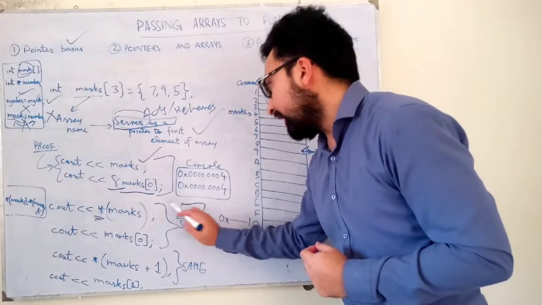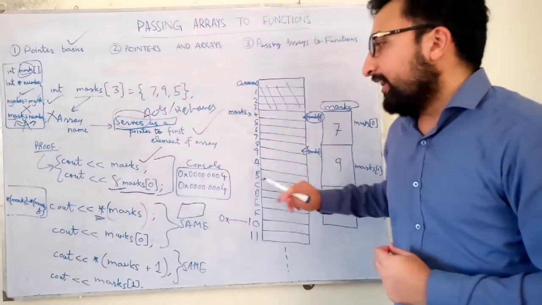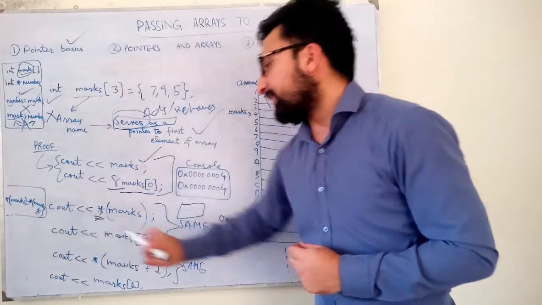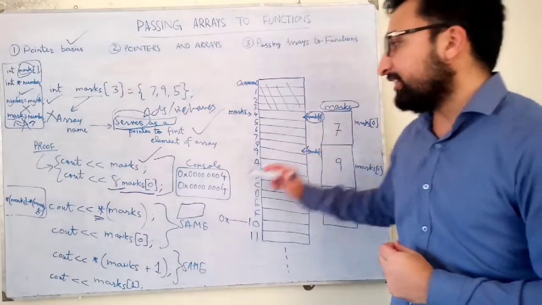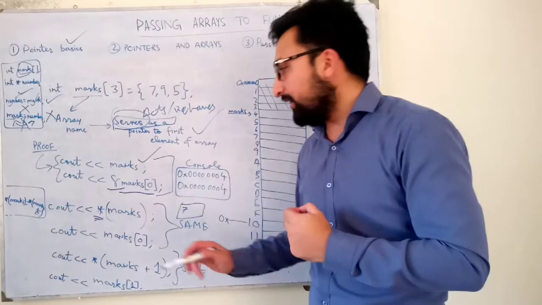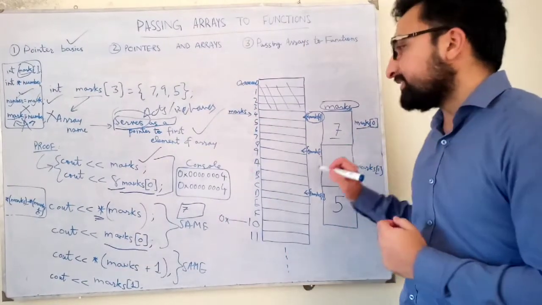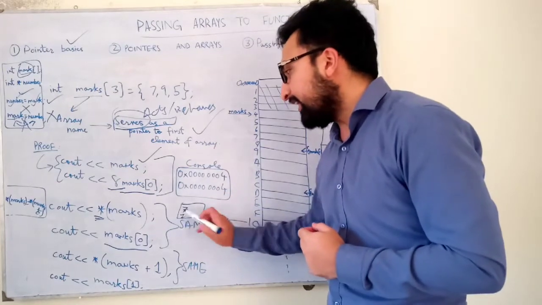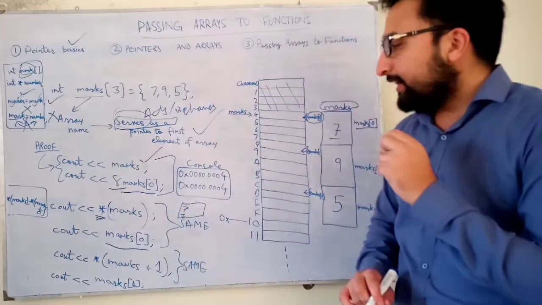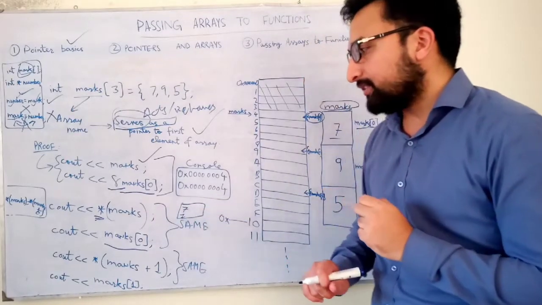Marks is basically this particular address, and when we dereference this address, 7 will be dereferenced. In a similar fashion, if we write marks of 0, we know that it also gives us the same 7 that it gave us here. So in both these lines of code, 7 will get printed on the screen.